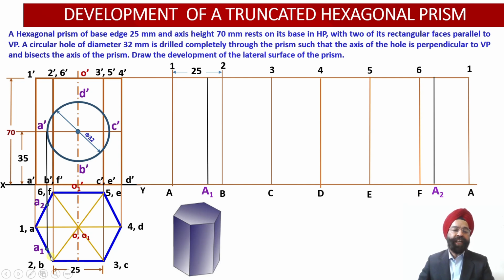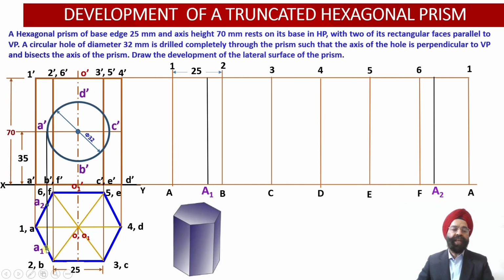So onto front face and onto rear face, 2 circular projections we have to obtain over here. So onto the front face we have observed projection from point A will be located at the point A1. Similarly, onto the rear face, projection from the point A dash, it will be located at the point A2.